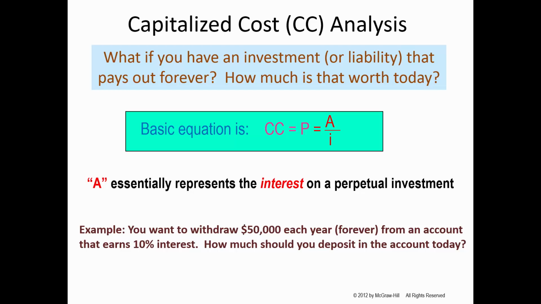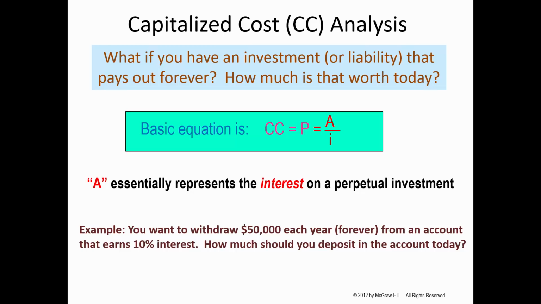So let me give you an illustration of that. If you withdraw $50,000 each year forever, and it's 10% interest, then how much should you have to deposit today? So what's the present value of an investment that yields $50,000 each year? So according to the formula, the capital cost is going to be $50,000, and we divide that by the interest rate, which is 0.10.